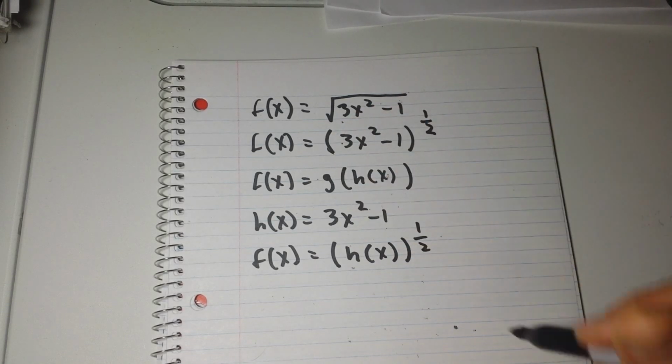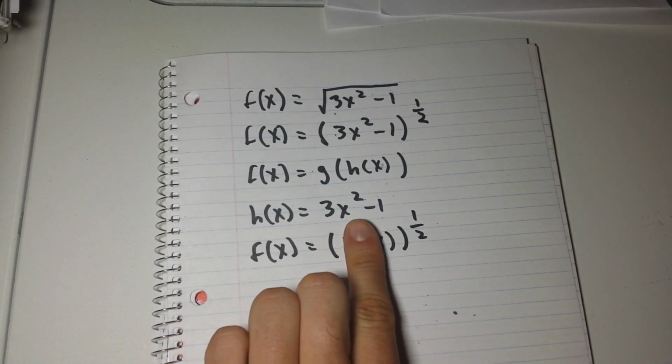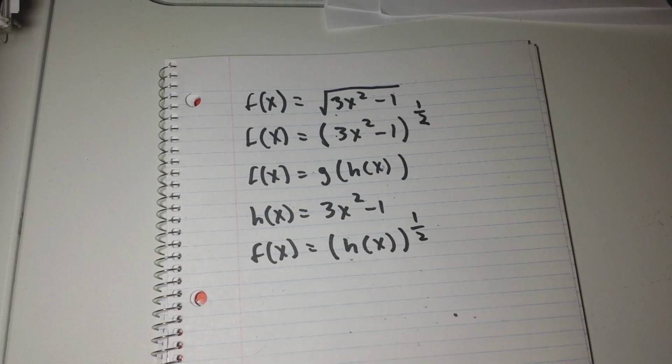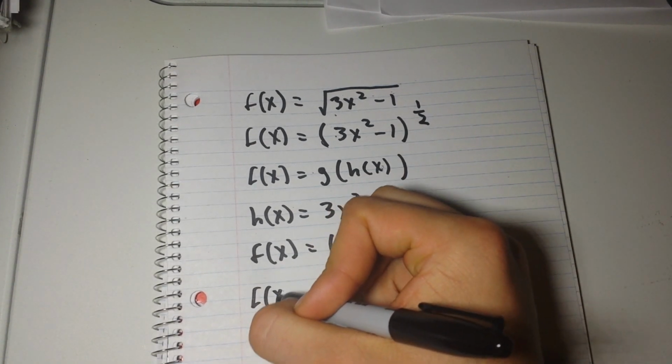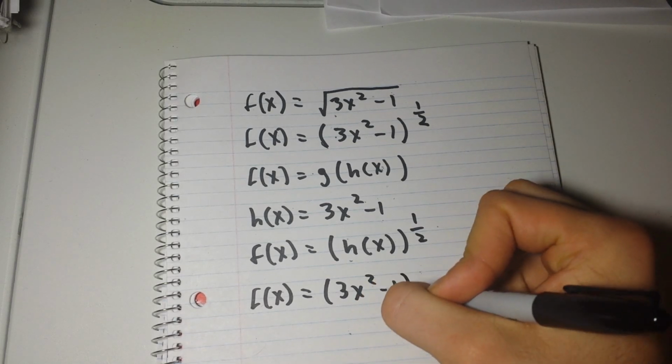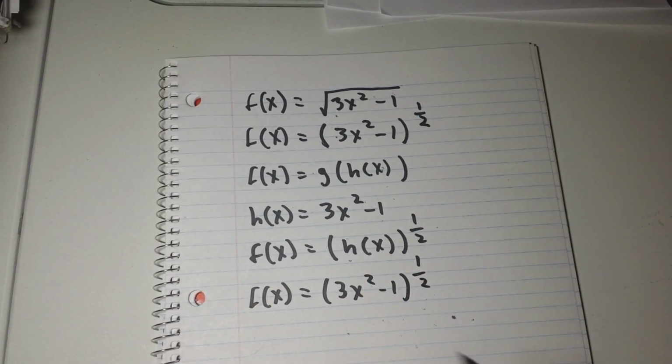It's very clear now what our g of x is, because if we forget about the inside there, we see these two brackets and the power of 1/2, which allows us to visualize that well. So we'll restate our function. f of x is equal to 3x squared minus 1 to the power of 1/2.